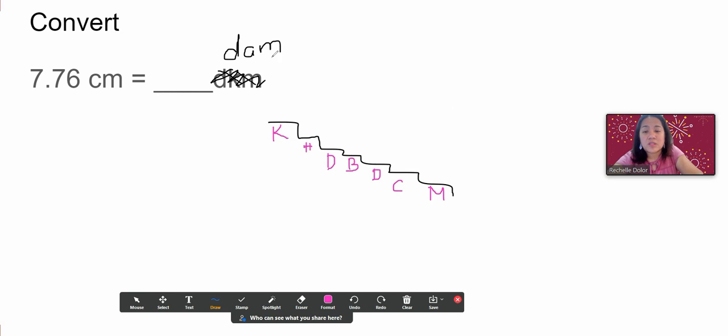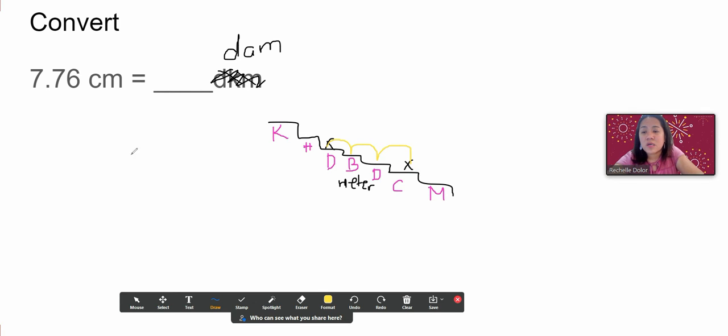So again, our unit measure here will be meter, right? So we are converting centimeters to decagram. So this is decagram. This is decigram, okay? So decagram, decigram. So what you need to do is you move it to the left 1, 2, 3.